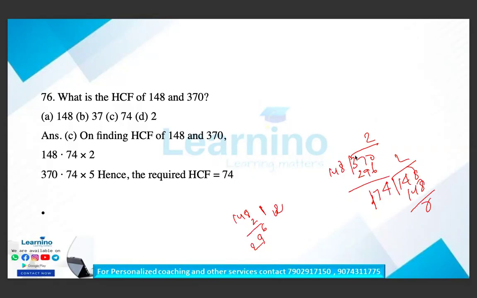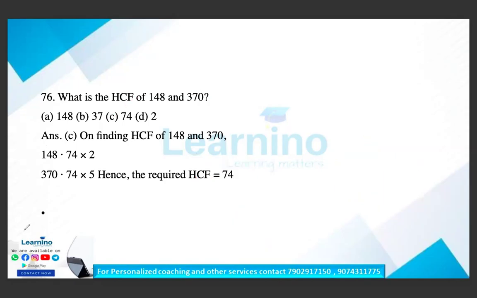So 370 by 148, there is a remainder of 74, and divide 148 with this 74. We get remainder 0. So the divisor 74 will be the HCF. So HCF is 74. Option C is the answer.